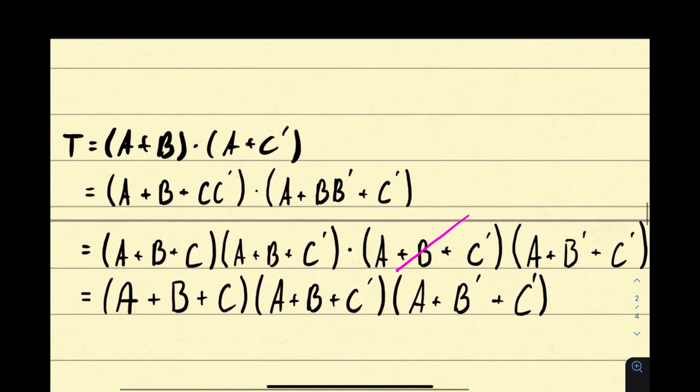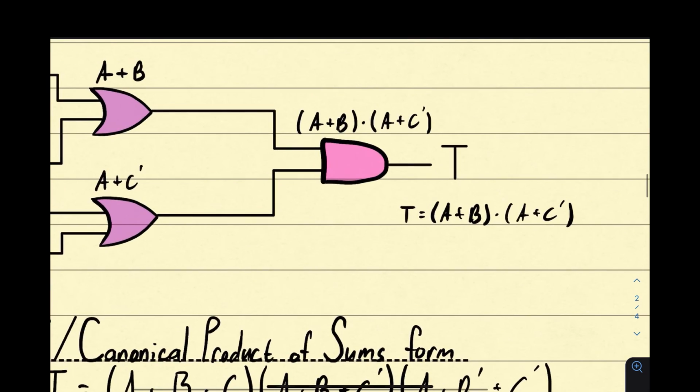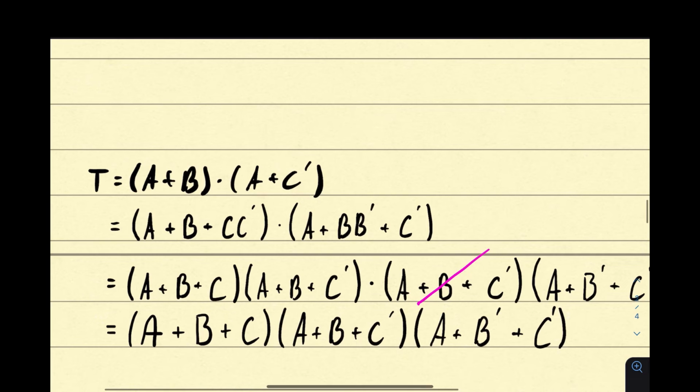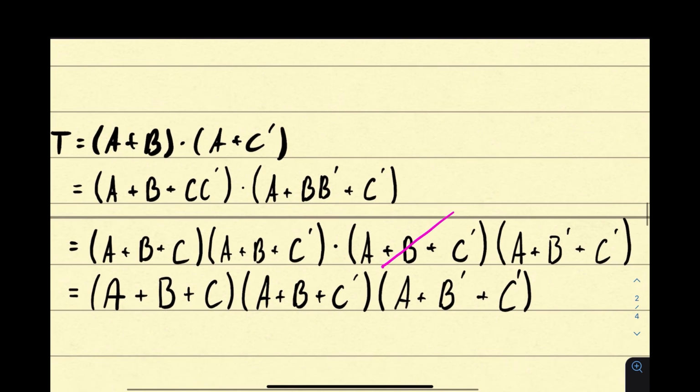So let me walk you through my work. So I have T equals my given equation from up here. I have T equals A or B ANDed with A or complement of C. And you have to look in each respective term and see what it is missing.